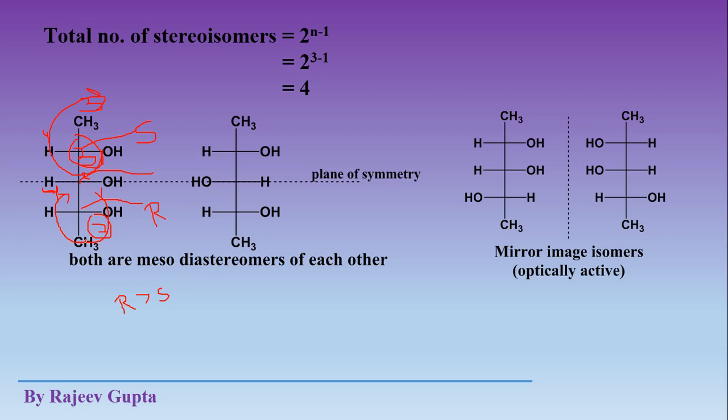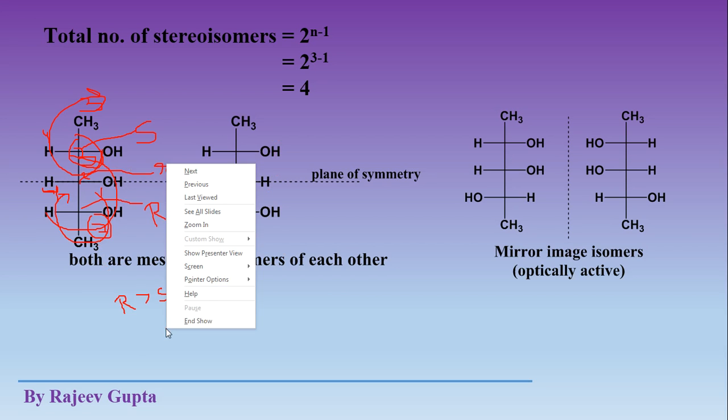Clockwise means it should be R. But the fourth number is present on the horizontal line, so it will be S. But here we don't show it as capital R or capital S, we show it as a small r. Now we can see the configuration of these molecules.